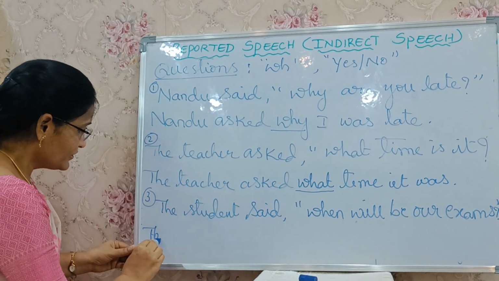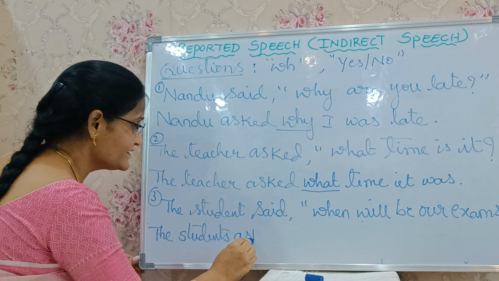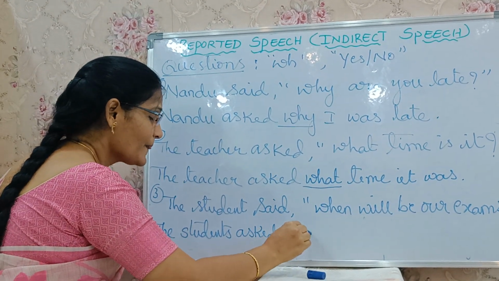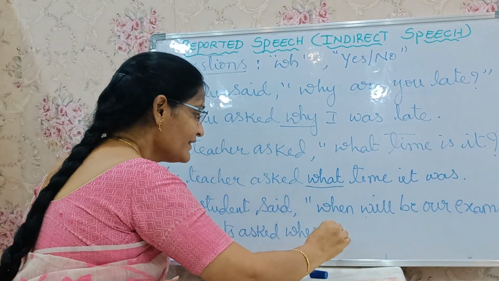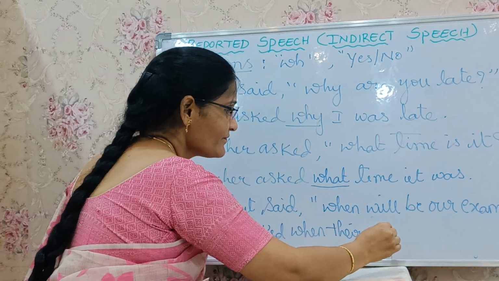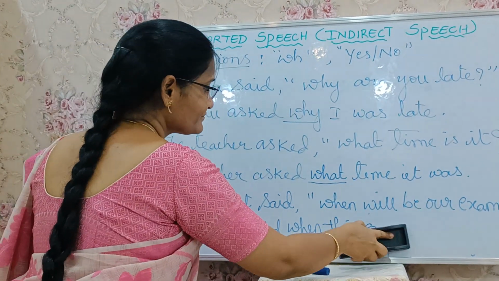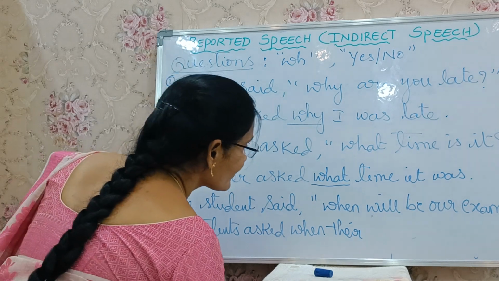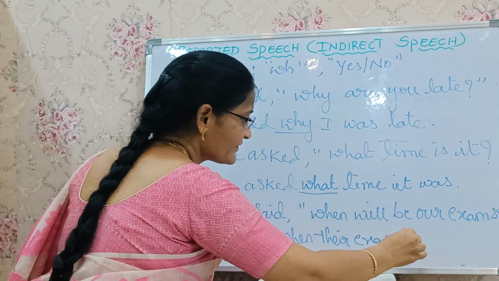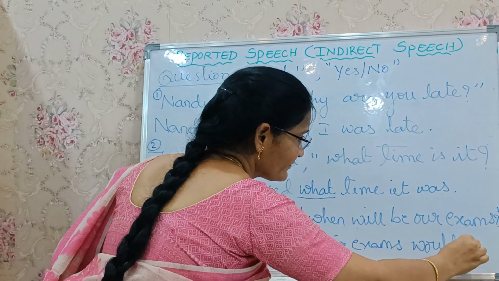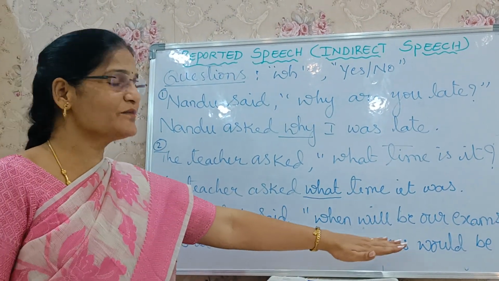Okay, so here you can write the answer like the students questioned or the students asked when their exams would be. Our is changed to their. When their exams would be. Full stop. See, the students asked when their exams would be.